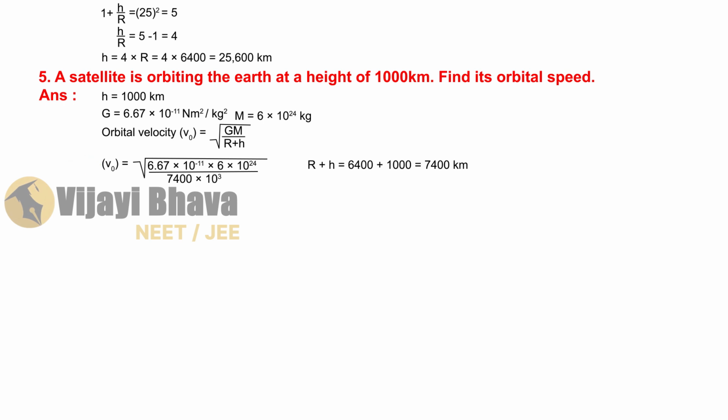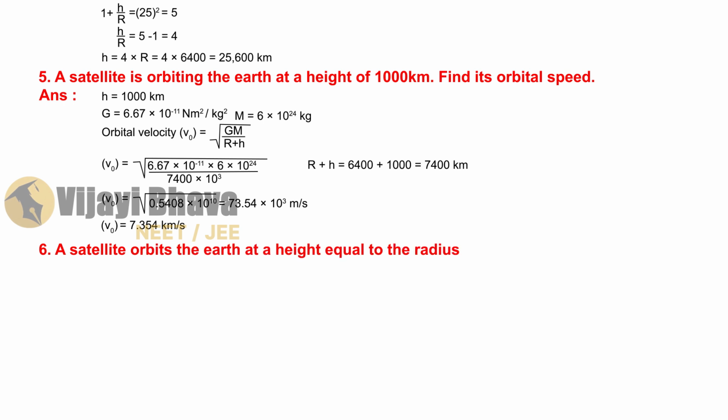On simplification, we get V naught as square root of 0.5408 into 10 power 10, which is 73.54 into 10 power 3 meter per second, otherwise 7.354 kilometer per second.